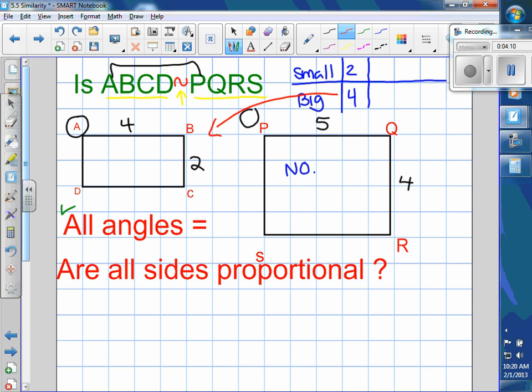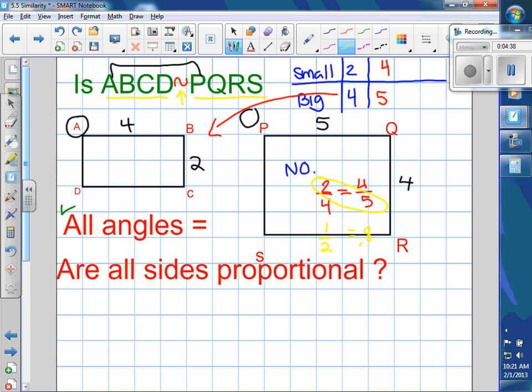But the small long side is 4, and the big long side is 5, right? Do you see that? So if these were proportional, this would have to be true. And 2/4 isn't the same as 4/5 because this is a half, right? And that's 0.8.